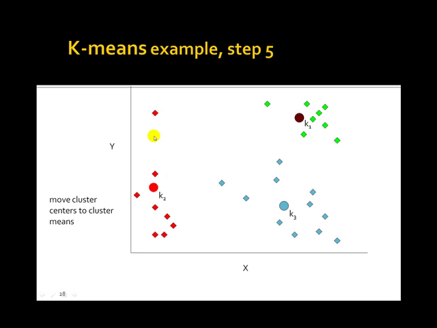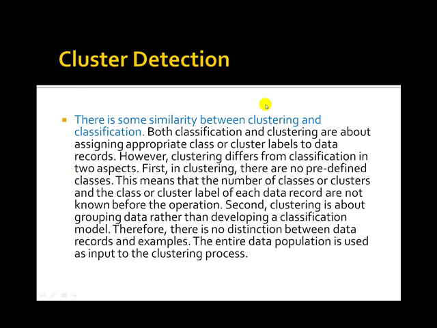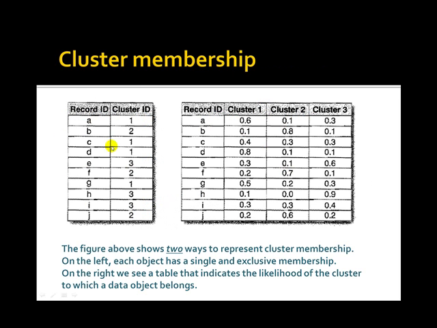So we'll say it belongs to cluster 2. This dot, so for each record we want to know which cluster it belongs to. So that's what this shows. It says record A belongs to cluster 1, record B belongs to cluster 2, record C belongs to cluster 1, record D belongs to cluster 1, record E belongs to cluster 3, and so on.